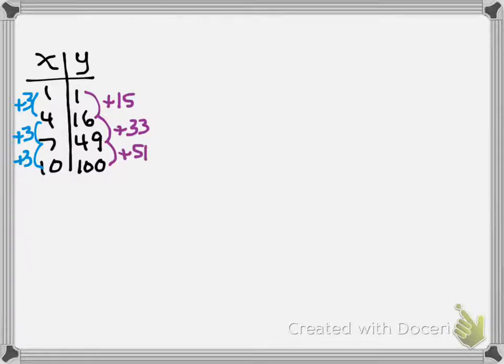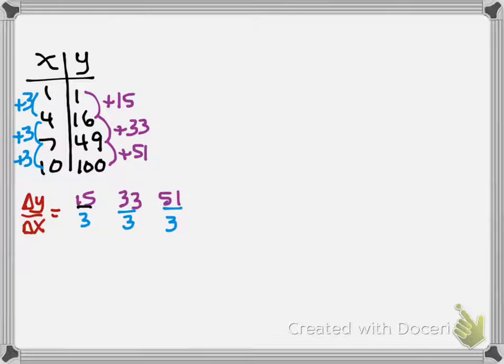So if I wanted to look at the rate of change, which would be the change in y over the change in x, I've got 15 over 3. I've got 33 over 3. I've got 51 over 3.